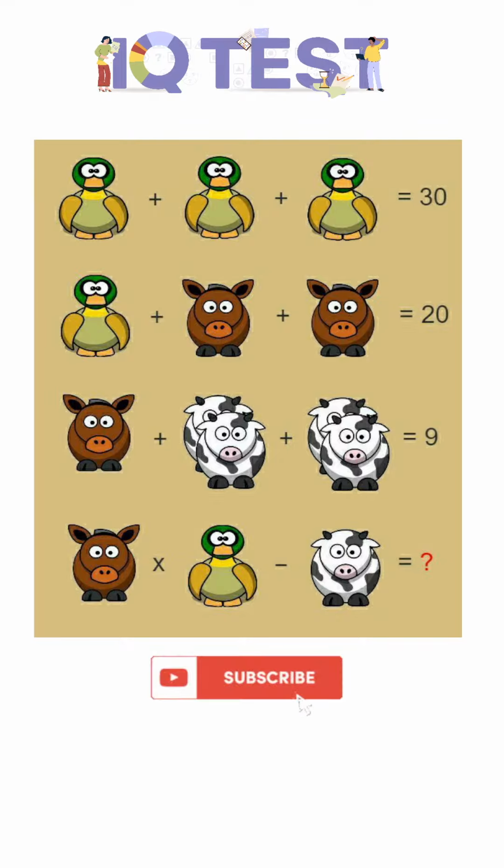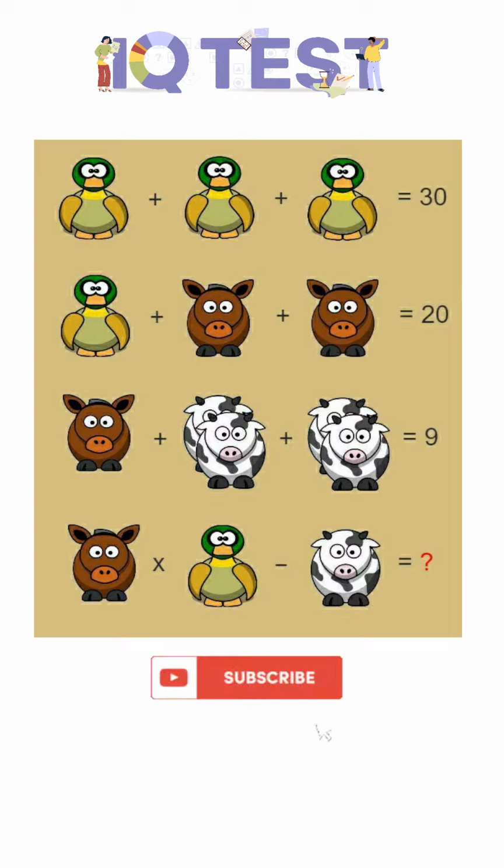So guys, anyone with the answer for this particular one? So we have 3 ducks, that will give us 30. Then we have 1 duck and 2 donkeys, that will give us 20.